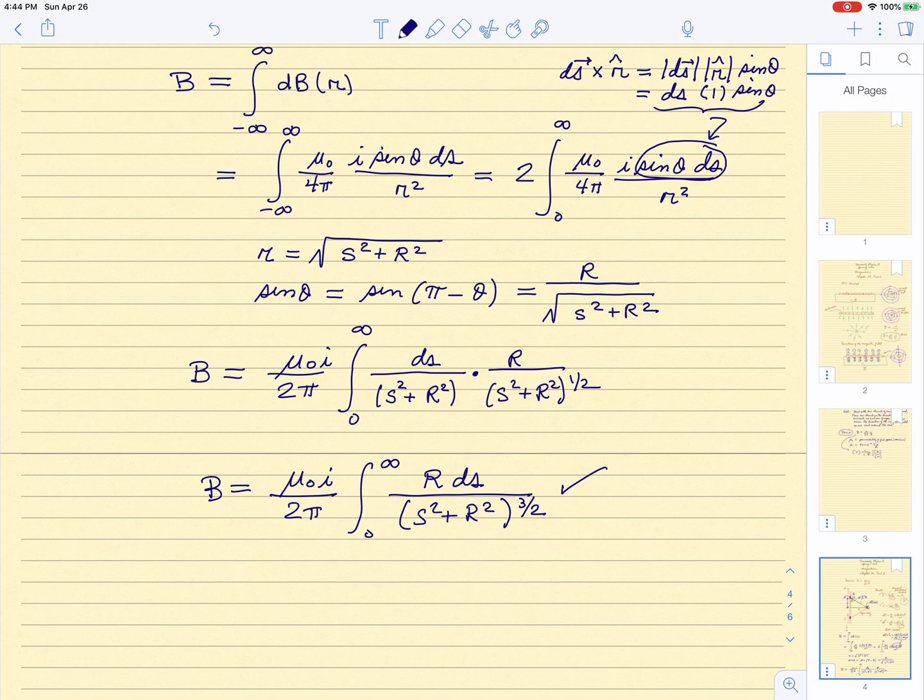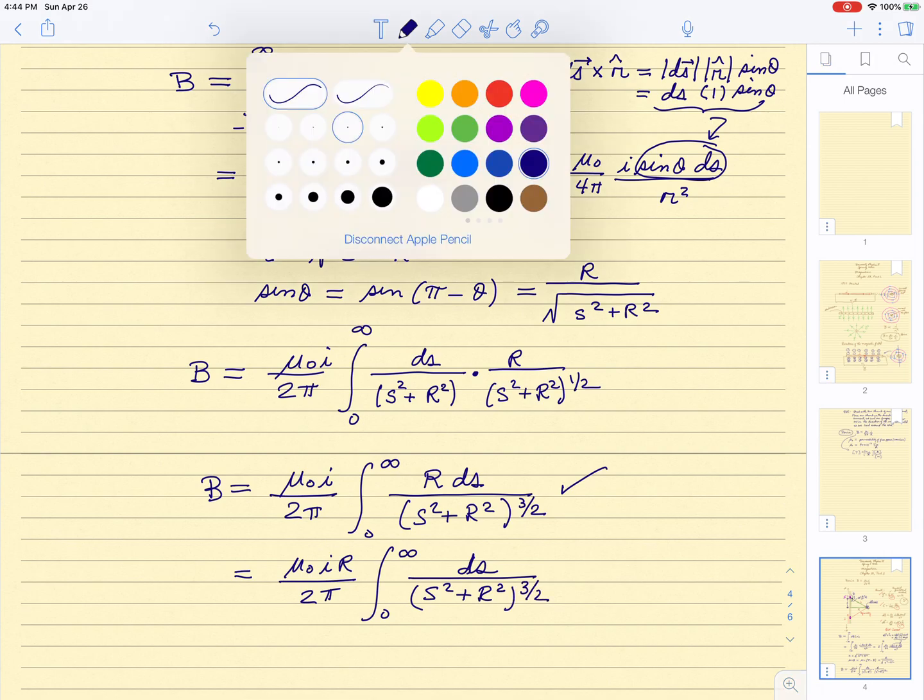So you can pull out the r. Let's just take it one step at a time. So this is mu 0 I times r over 2 pi, 0 to infinity, 1 over s squared plus r squared to the 3/2 power, ds. So this integral, you can just look it up.